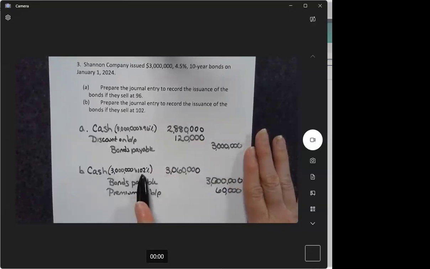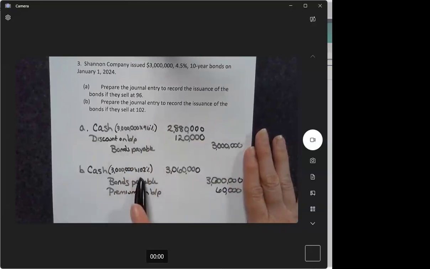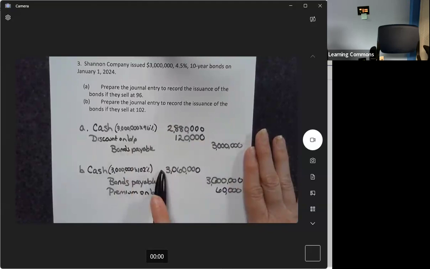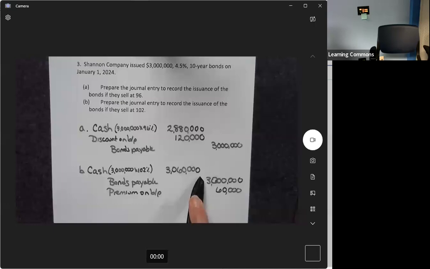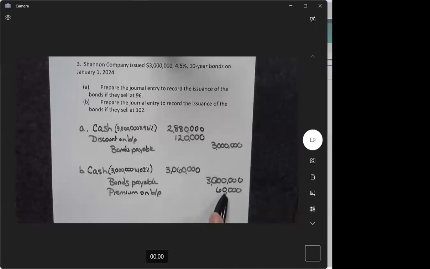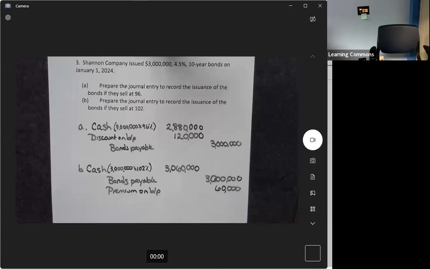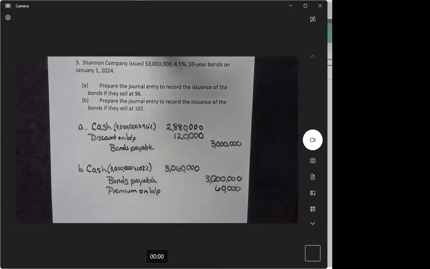So in this case, the cash we receive is 102% of that face value. We're always just going to record the bonds at face value because that's what we have to pay back when they mature. And in this case, we're going to also credit a premium on bonds payable for the $60,000 difference.